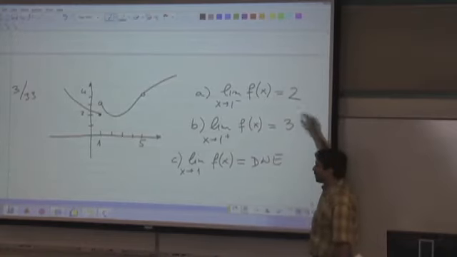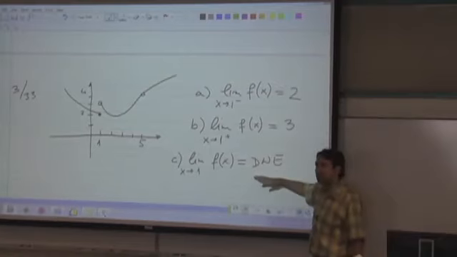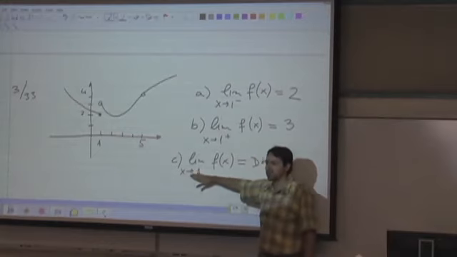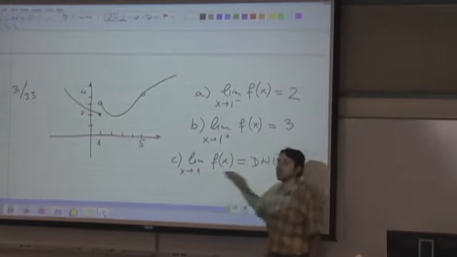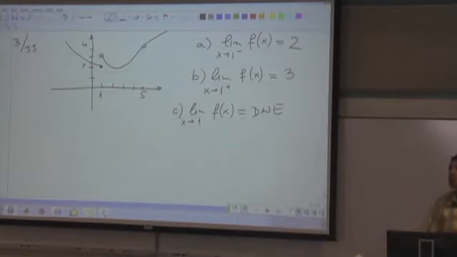So since the values are different, my actual limit can't exist. When I say the limit as x goes to 1, this doesn't discriminate if you come from the left or from the right, which means you have to make sure that, coming from both directions, you come up with the same answer. Yes?